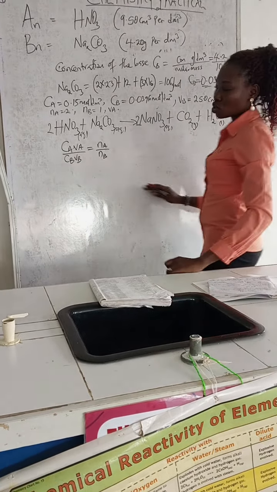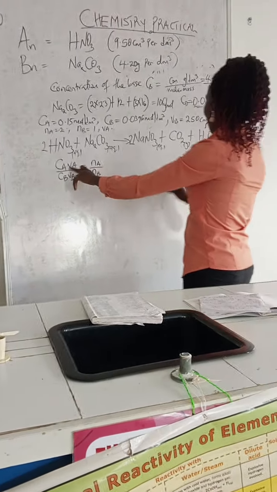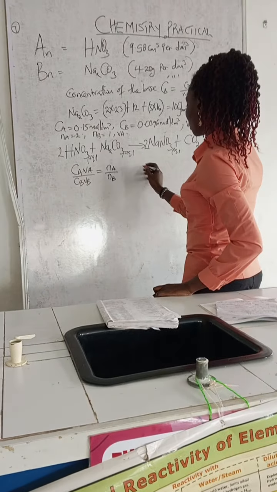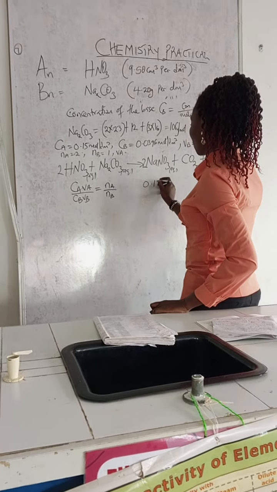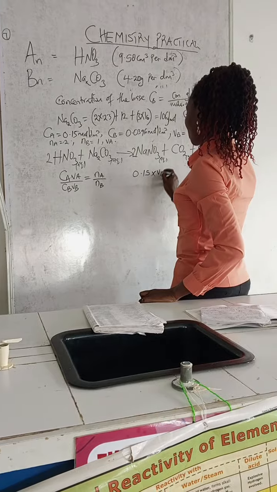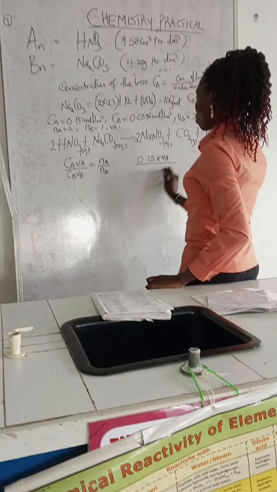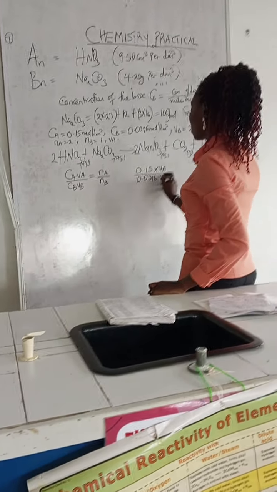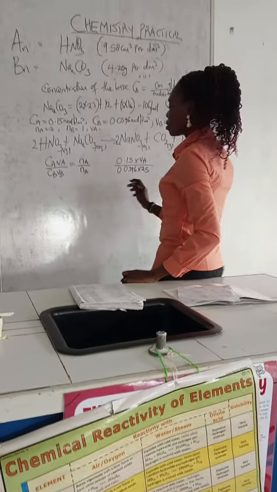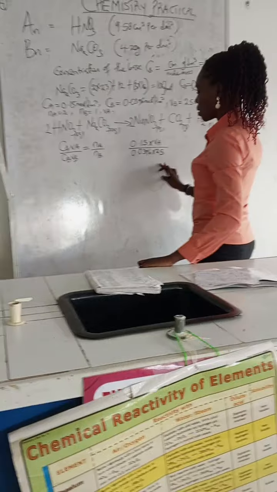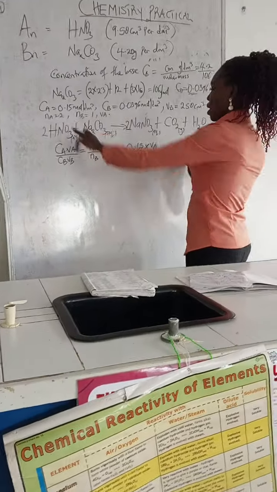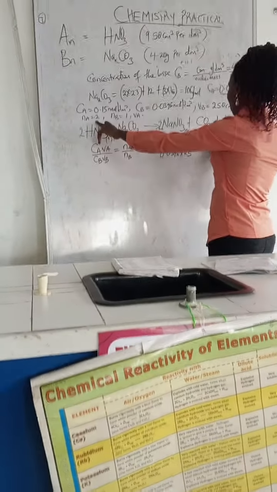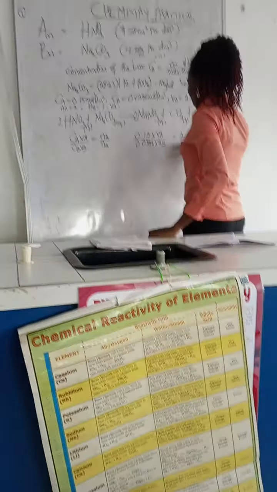So substituting all this, remember our CA is 0.15 times the VA, which is what we are looking for, over our CB, 0.0396 times 25, the volume of the pipette, the volume of the base, equals Na, the number of moles of the acid, 2 ratio 1 for the base.